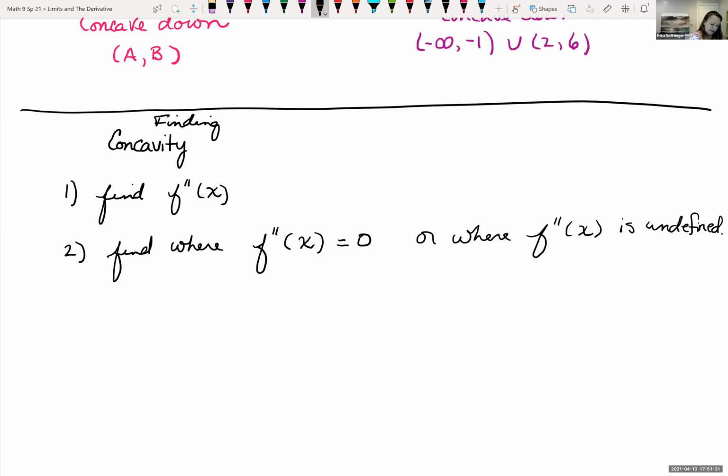So once you find those values, when it's set equal to 0 or undefined, this is where I normally again do my number line. So place the numbers found, in my case, step 2, on the number line.